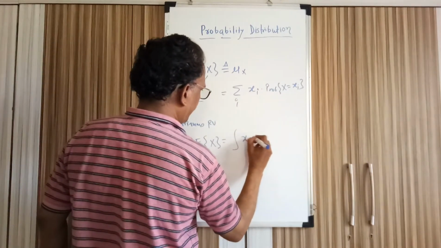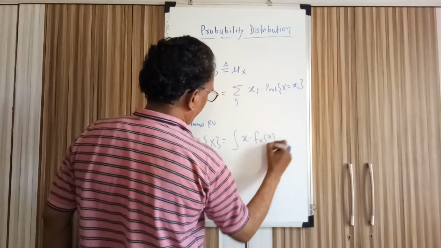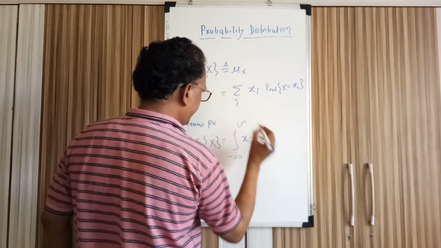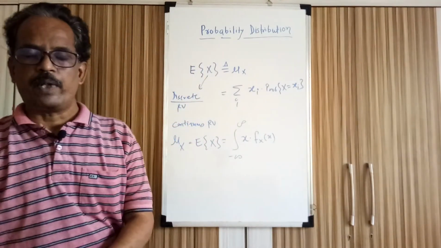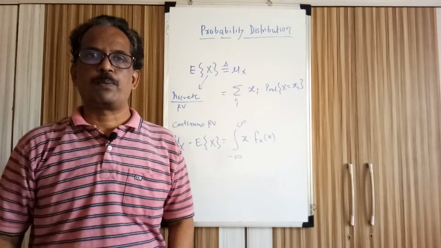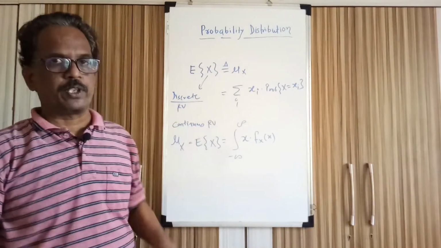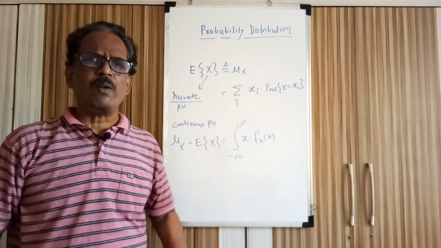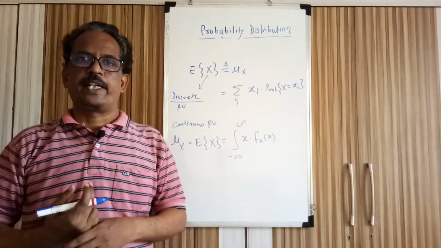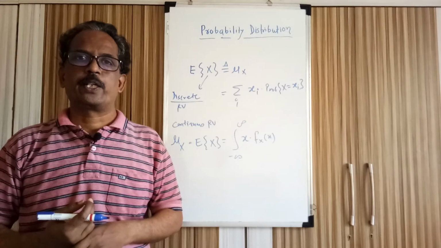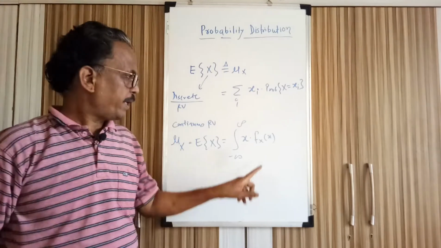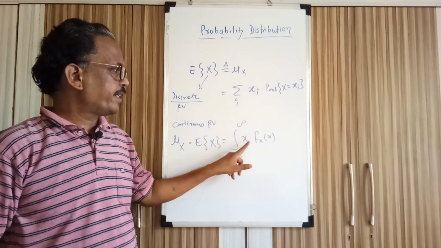It takes all values in the specified range. When the range is not specified, in general it is minus infinity to plus infinity. In this case it takes all real values between minus infinity and plus infinity, multiplied by the probability density of taking that value.